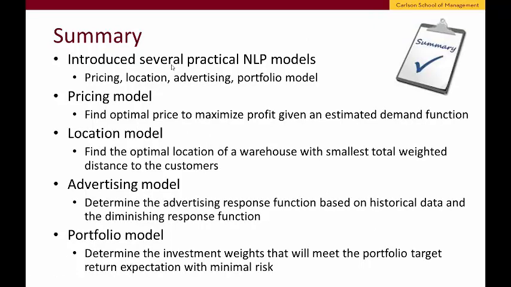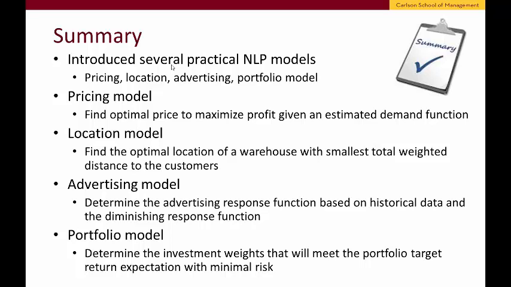Right, now, last slide of the class. We introduced several of these nonlinear models. All of them were nonlinear programming problems because the demand curves, distance functions, advertising response functions, and portfolio variance were all nonlinear in the decision variables, namely price, location coordinates, number of ads, investment weights, and so forth. For the pricing model, the main goal was to find the optimal price and maximize the estimated profit.